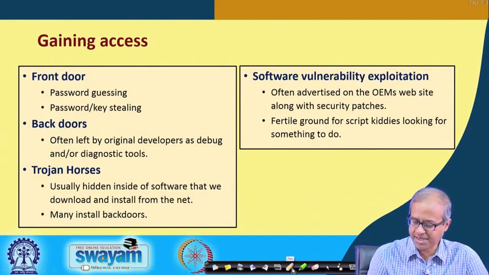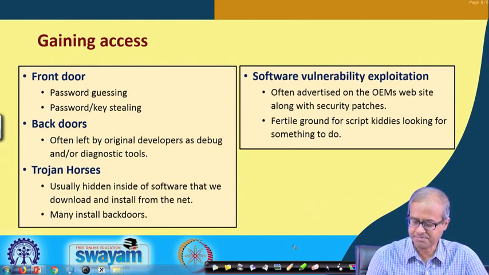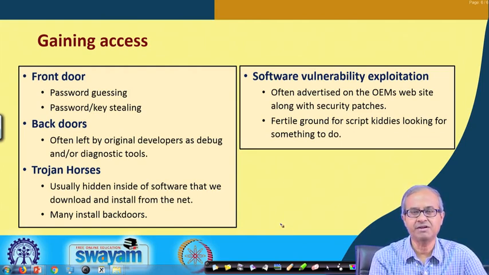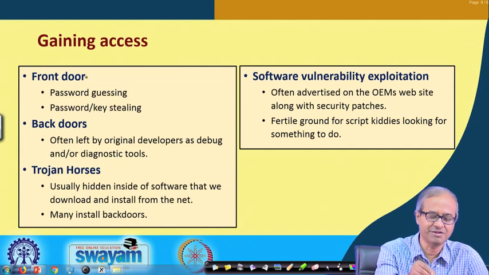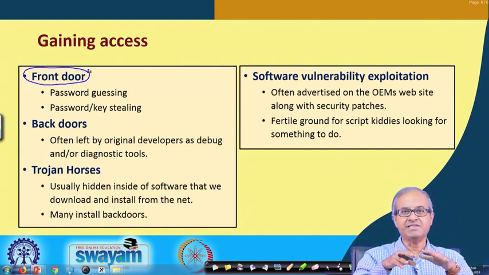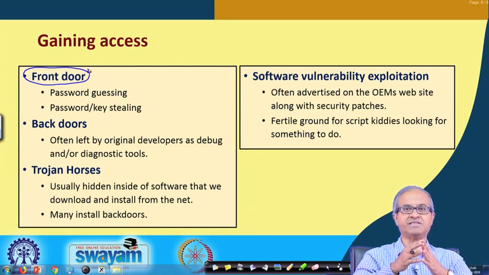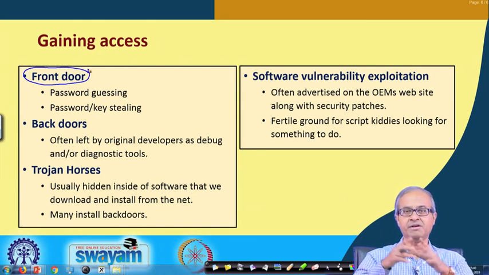Now, talking about gaining access into the system, there are different ways in which you can gain access to a system. One is entering the system through the front door. So, the name is also given front door access. Whenever you try to access a system, you try to log in, you are validated with respect to some password or something similar to that.